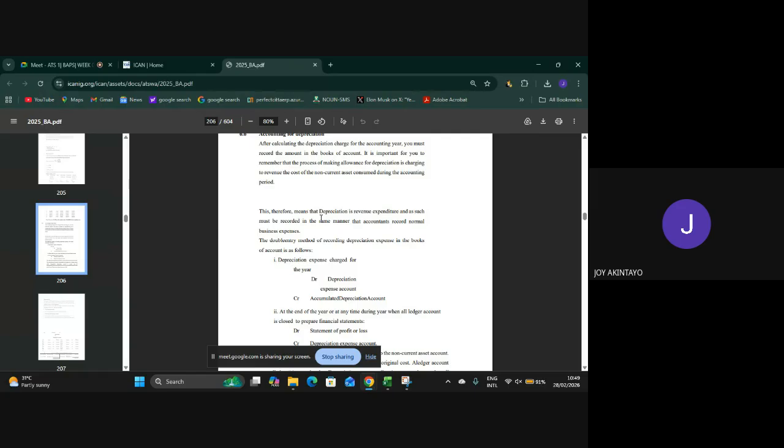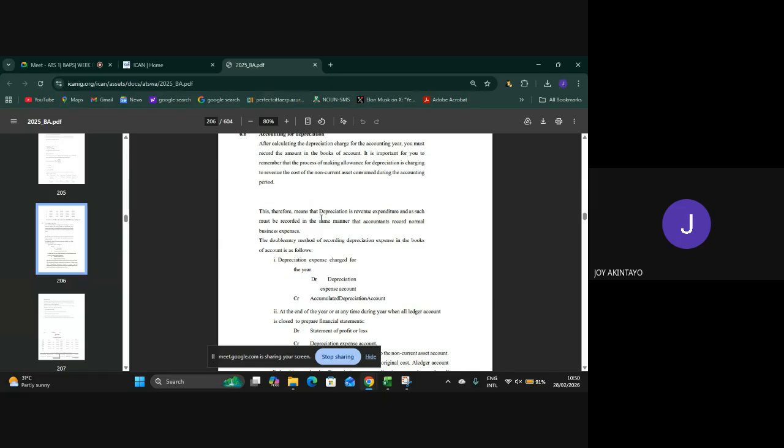So now the first thing you need to open is your depreciation account. Then you credit your what? Accumulated depreciation account. Like I said, for every transaction. Now, at the beginning of the period, that's when you debit the depreciation account.